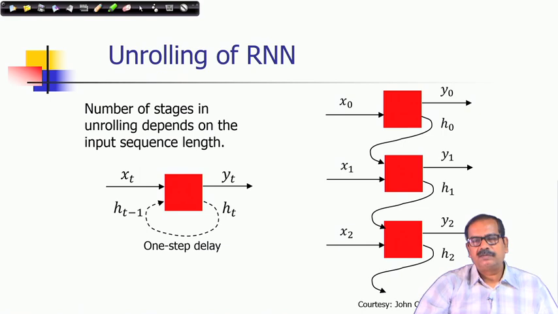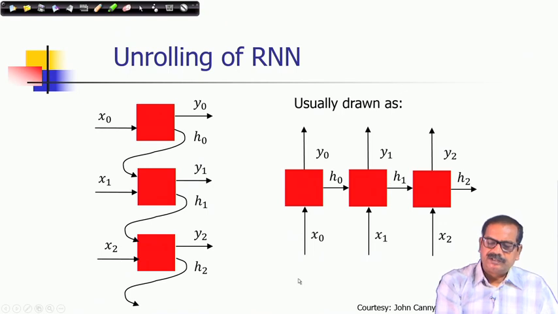Because it is unfolding over time instances, the current sample is always shown at the bottom, and successive layers receive the temporally following inputs in the sequence. If the sequence length is 3, you can consider there are 3 such unfoldings. You can draw it also in this fashion.